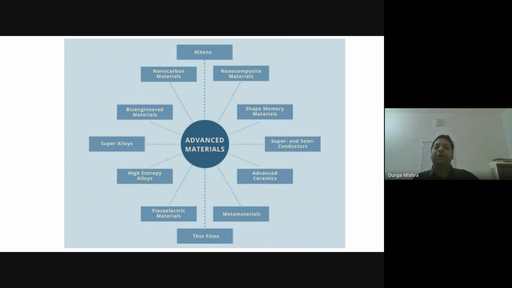And of course there are also new forms of alloys and materials being used in advanced technology, for example in aerospace, electrical vehicles, energy, and transportation. These will all be part of advanced materials.